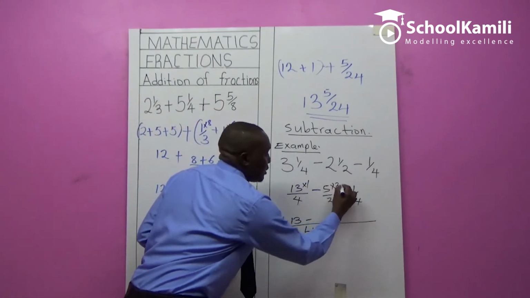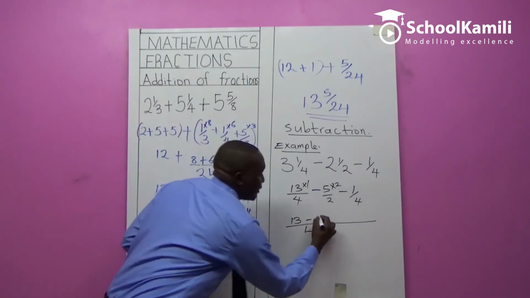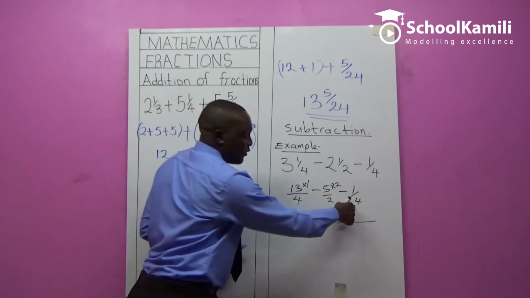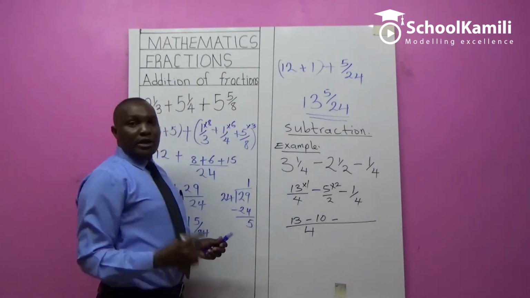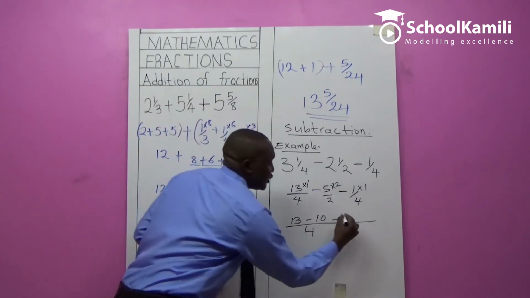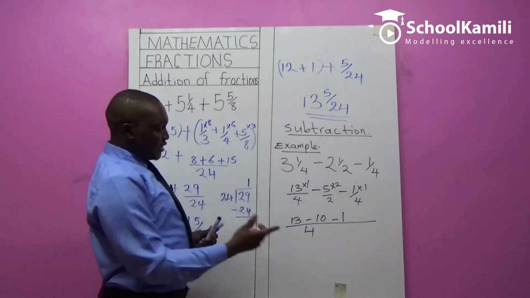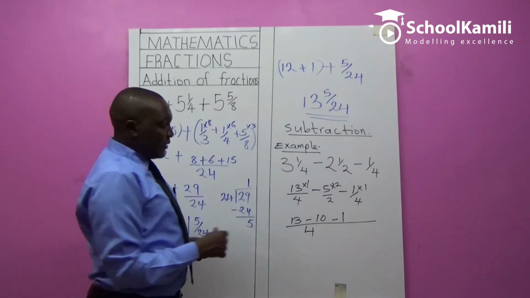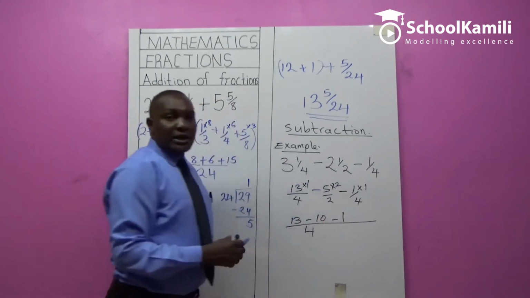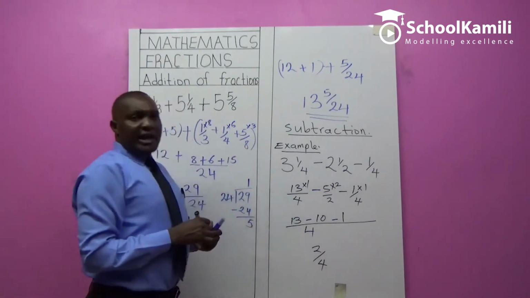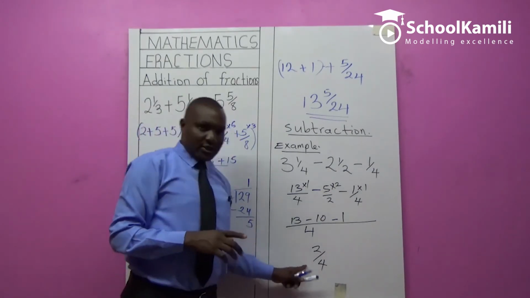Take that 2, multiply it by 5, you'll get 10. Subtract. How many groups of 4 can you obtain from 4? It's only 1. Take that one, multiply it by the numerator, you get 1. Then you can now subtract. 13 subtract 10, that is 3. 3 subtract 1, you'll get 2/4.